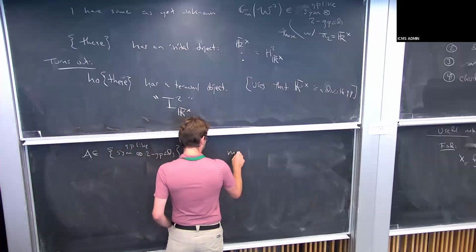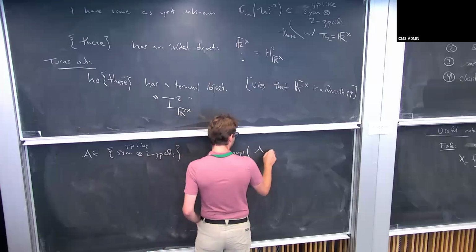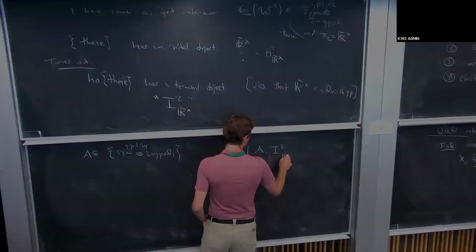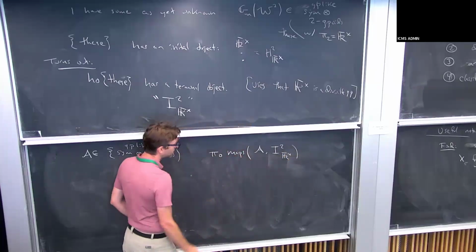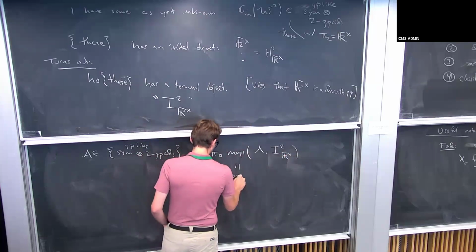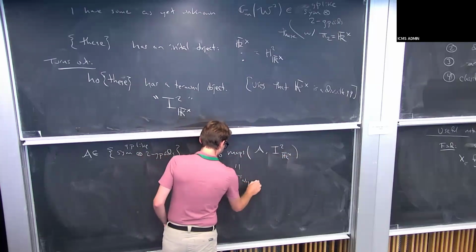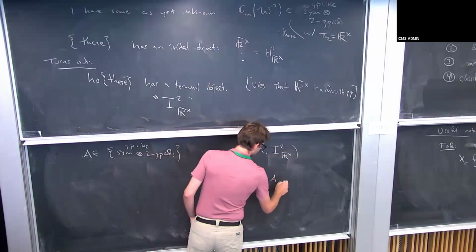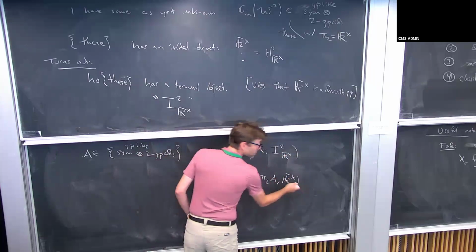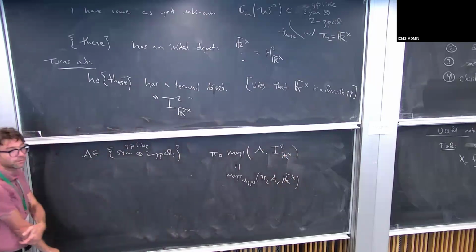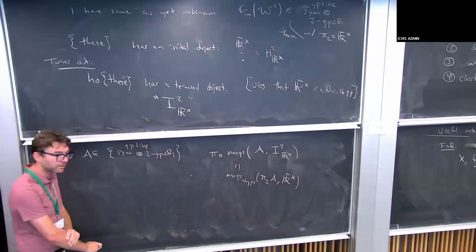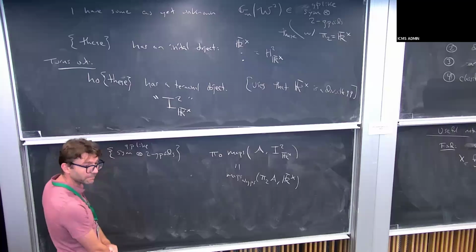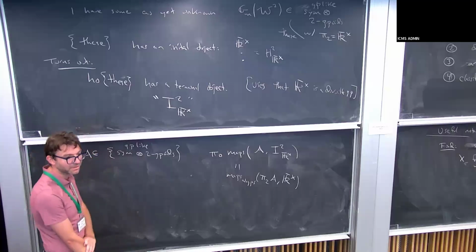So maps from A to this dual object, homotopy classes of maps is just subabelian groups. That's pi 0. So there's the full sort of who this object is in the homotopy category of abelian 2 groups, abelian 3 groups, whatever the correct numbering is.